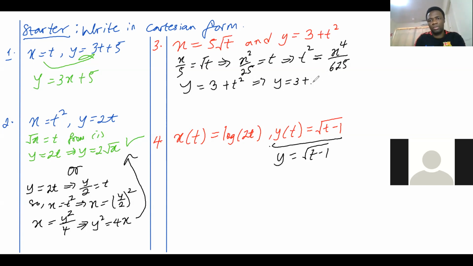x to the power 4. Oh, am I writing that way? Okay, so y equals 3 plus x to the power 4 divided by 625. So you could get this, or, let's see.